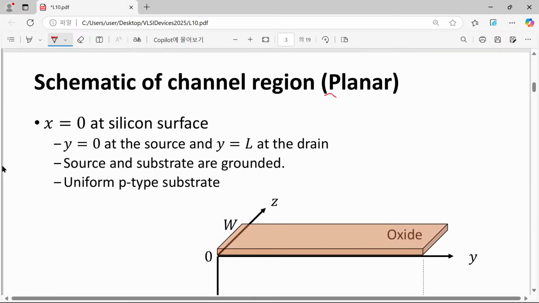So planar MOSFET, the last one was around 20 something nanometer technology, the last generation of planar technology, and we are now living in the era of 3 nanometer and 2 nanometer. Maybe you have heard about Intel's latest technology, 1.8 nanometer technology in risk production, announced a few days ago.